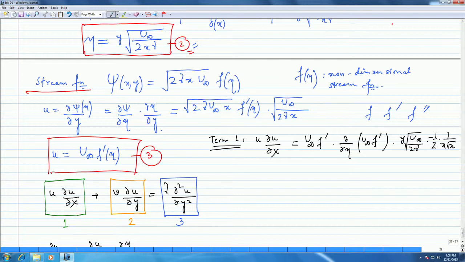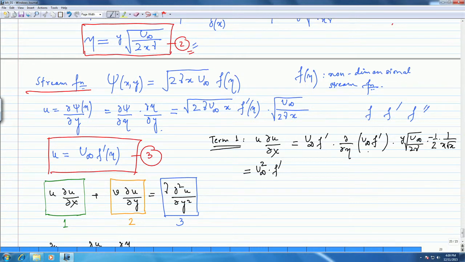If I do this, what I get is u infinity squared. This u infinity can come out, so this becomes u infinity squared into f dash.